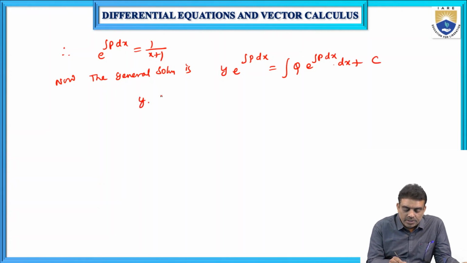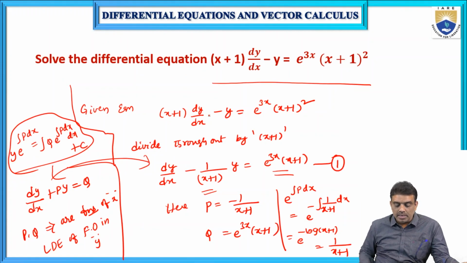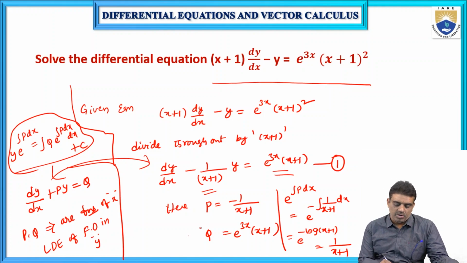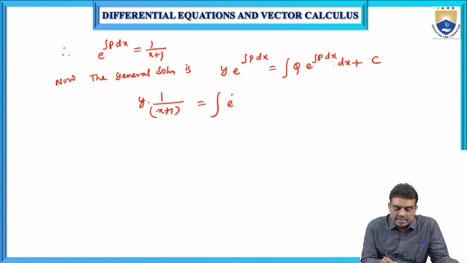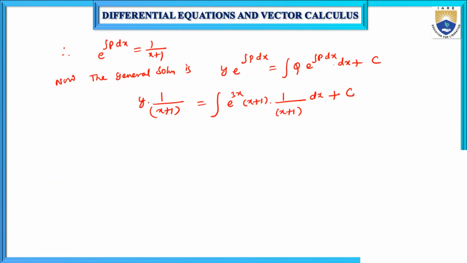That is y into 1 by (x plus 1) is equal to integral. What is q here? e power 3x into (x plus 1). So e power 3x into (x plus 1) into e power integral p dx value 1 by (x plus 1) of dx plus c. So (x plus 1) will get cancelled.